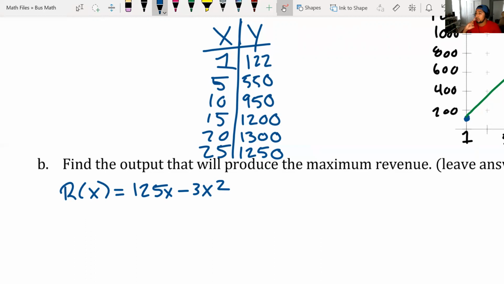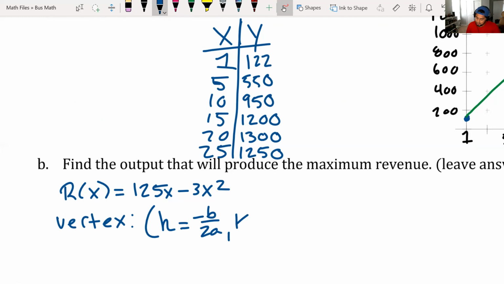So remember in option 2, if our function is in standard form, which it is, to find the vertex, we just have to use this formula. H equals negative b over 2a, and k equals f of h.